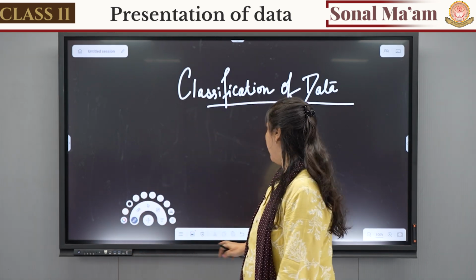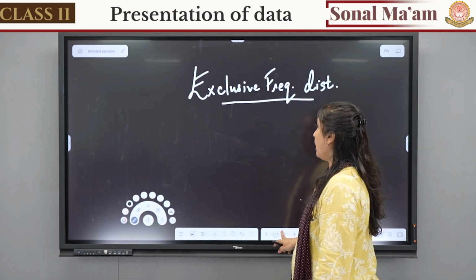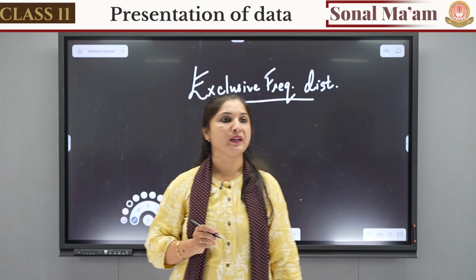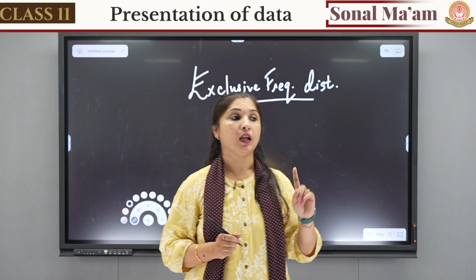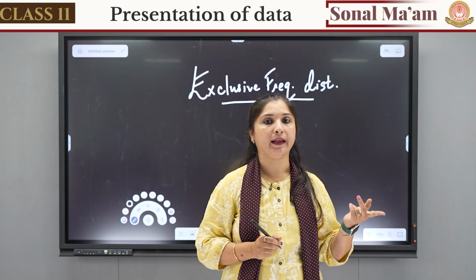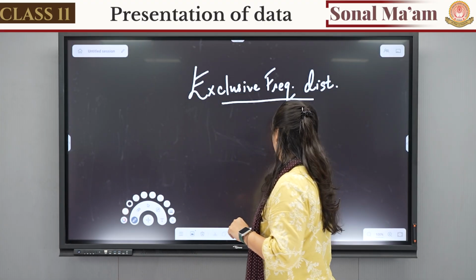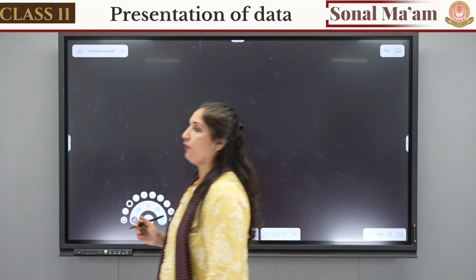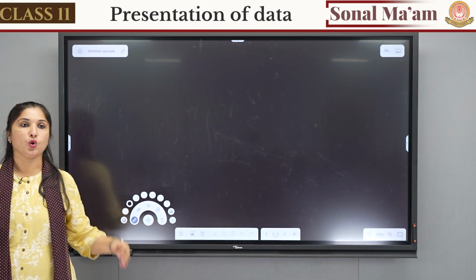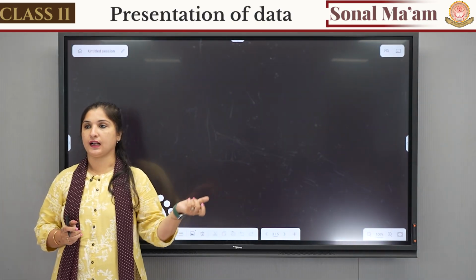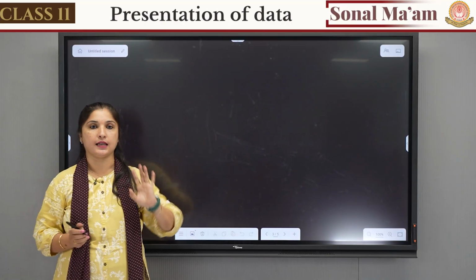Okay, so today we are going to find exclusive frequency distribution when class length is given to you and mid value is given to you. There are many sums where it will be given in the question: so and so is the mid value, so and so is the class length, find the classes.